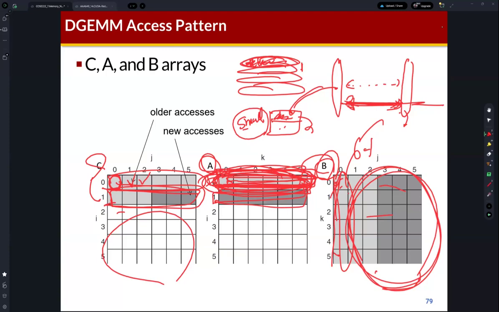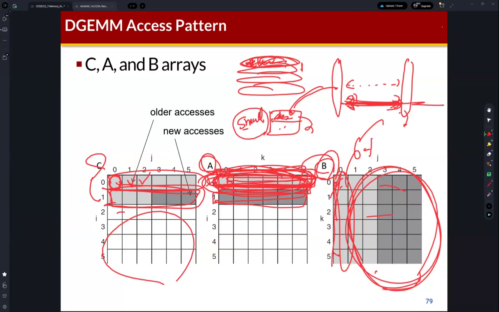Then how can we tackle this issue? What's the problem? We can observe data locality, but this data locality is not utilized well. It is because the cache is small, and the matrix size is large.